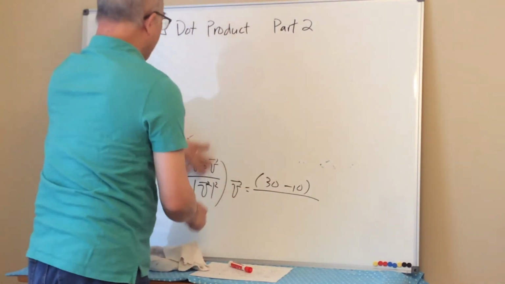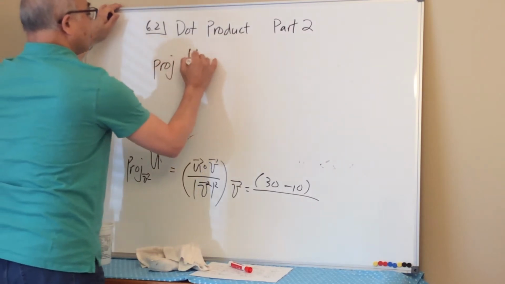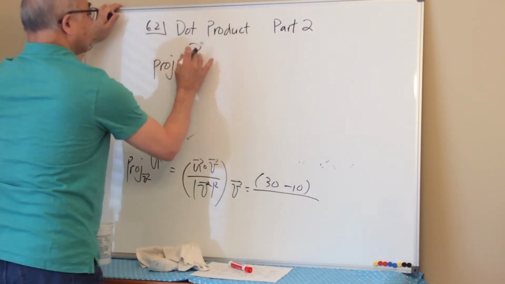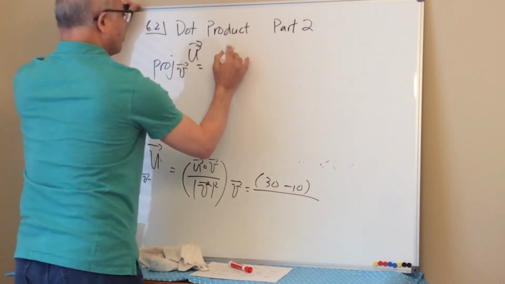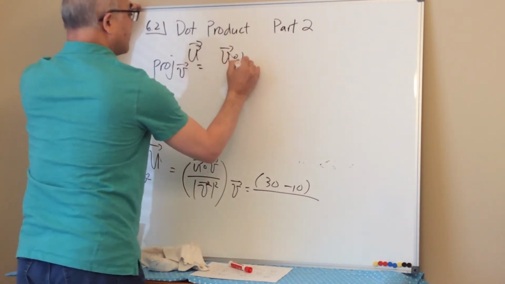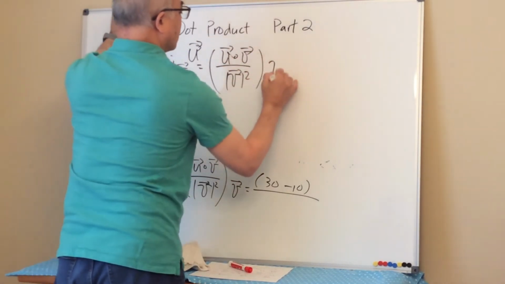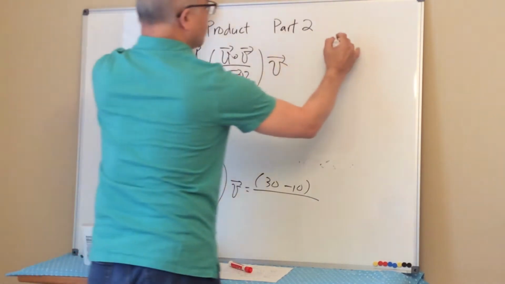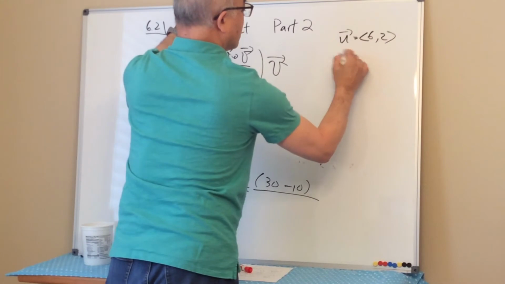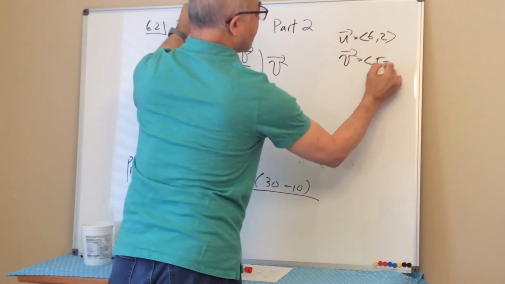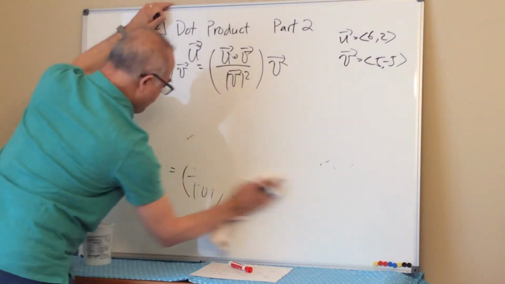So I'm gonna go ahead right back up here. So we're back at the projection of u vector onto v, and we were at u dot v over the magnitude of v squared, times v vector, right? Where u was 6, 2, v was 5, negative 5. So this is where we were.